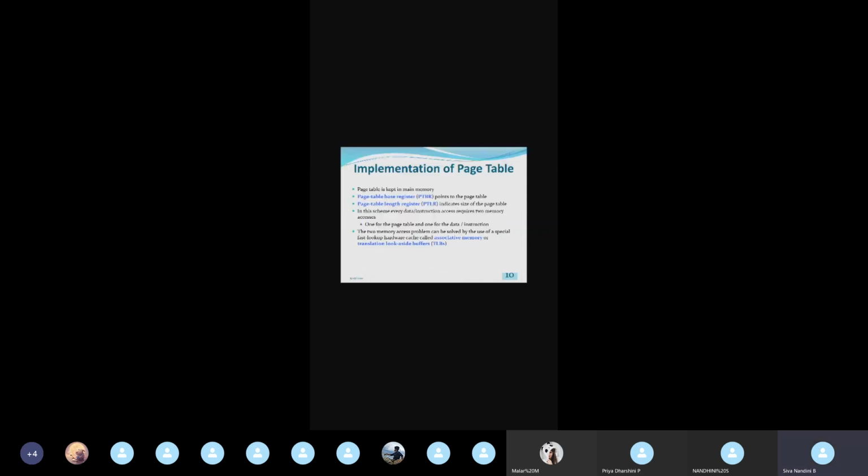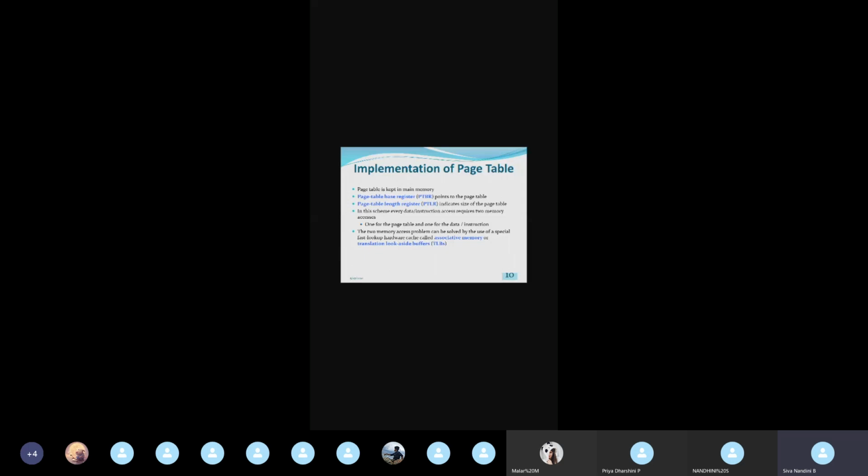Next we'll see how we are going to implement this page table. Similar to the logical memory and physical memory, the page table is also kept in the memory. In the segmentation concept, we saw the segmentation table base register.